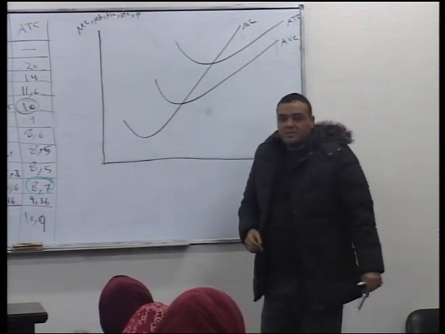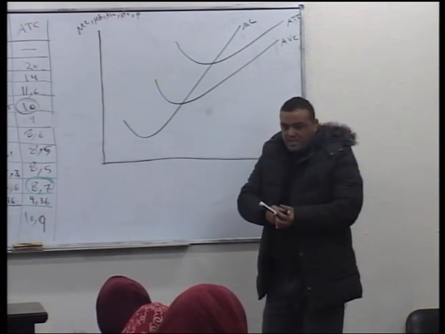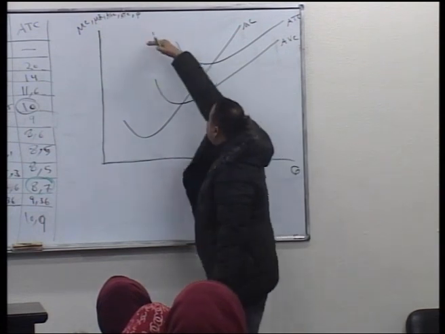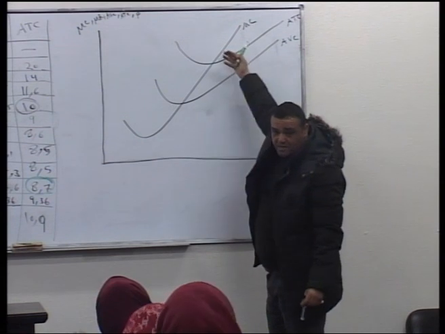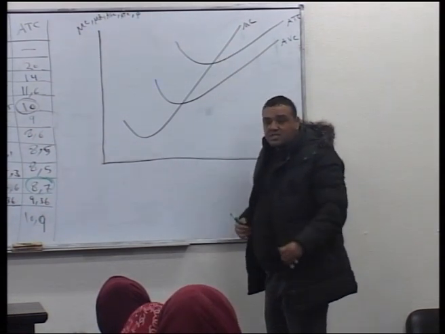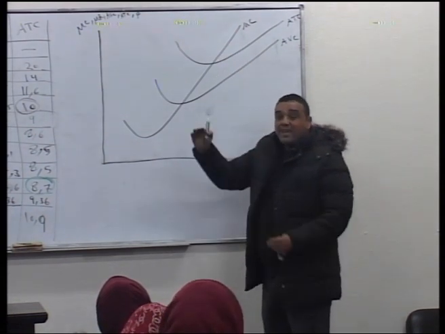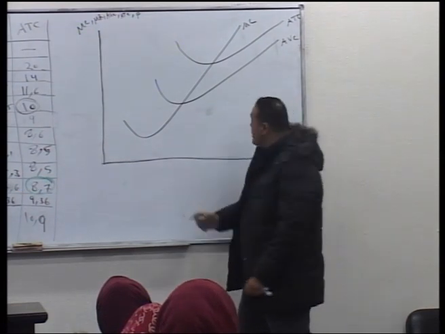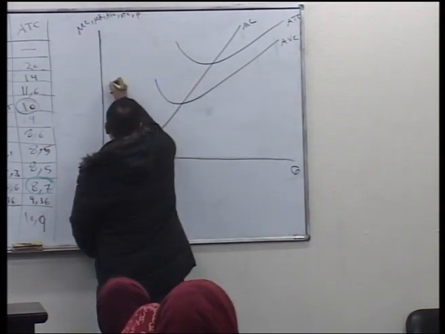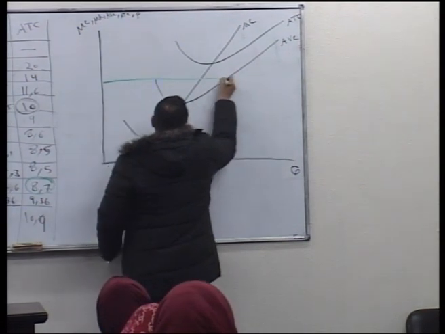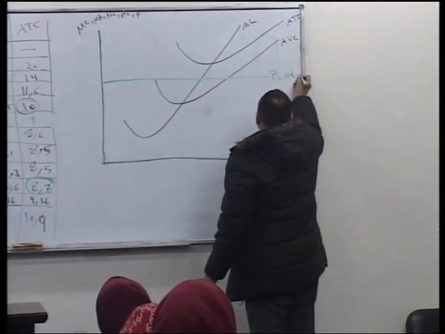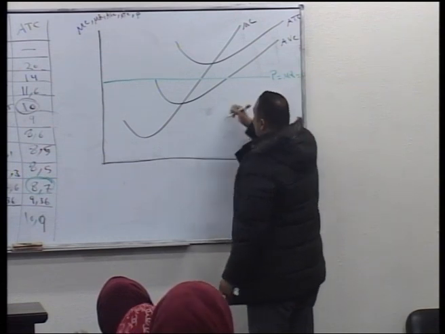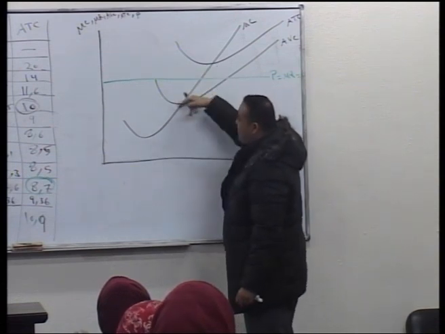The first case, we assumed that the price was above ATC, above the minimum ATC or above the ATC. Now, let us assume that the price was below ATC. Price equals MR equals D, but it's above AVC.